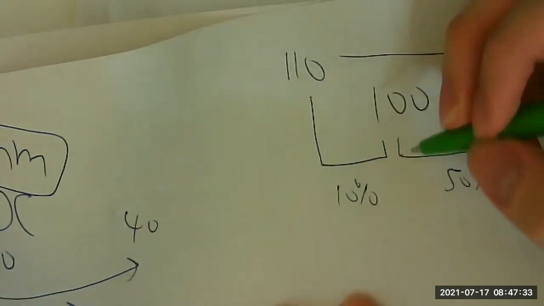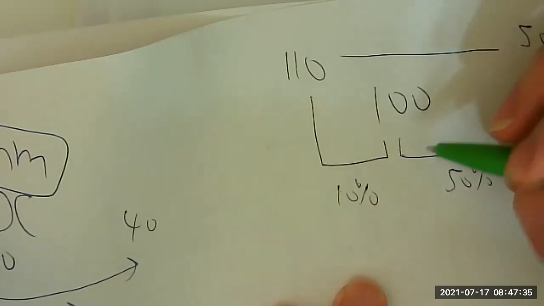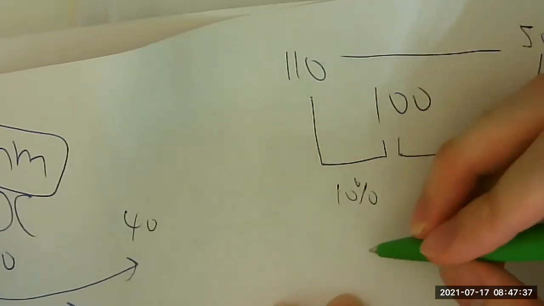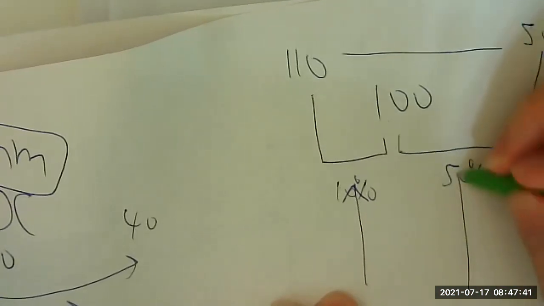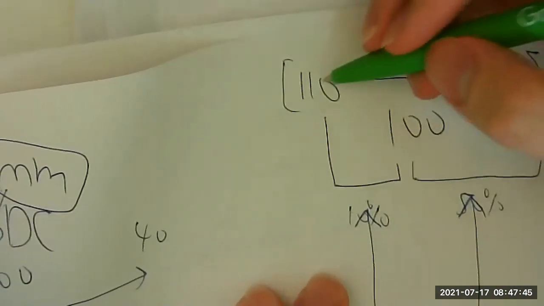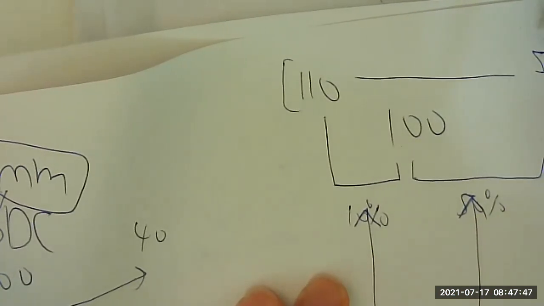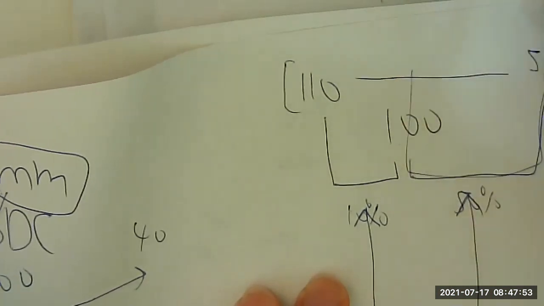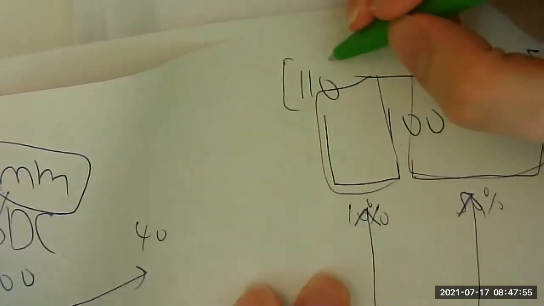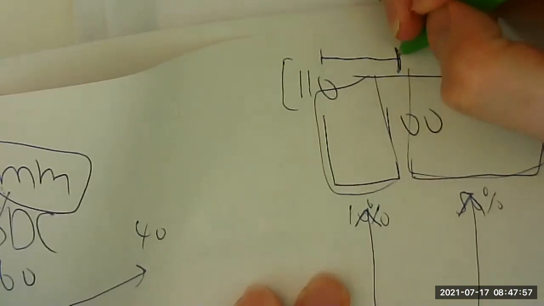I'm not sure of the exact amount, but basically you'll be putting much less NM here and a lot of USDC here. So if you put a liquidity pool from 110 to 50, you have to provide a lot more USDC than NM, because this range is a lot smaller.